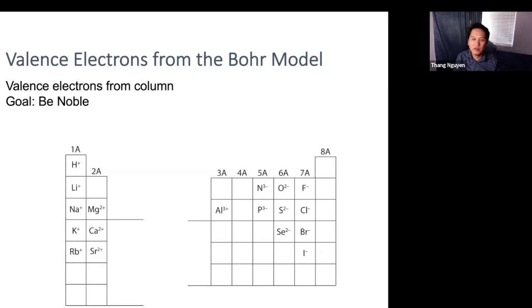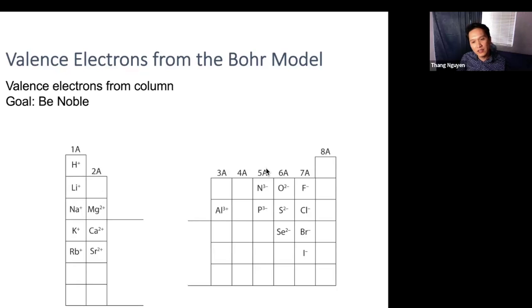All right, and then again, we also mentioned before that everyone wants to be like the noble gas, right? Everyone wants to have the same electron configuration as the noble gases. So for example, if we take sodium here, how many valence electrons does it have? One valence electron, right? So if it gets rid of that one valence electron, what's the level below that? 8, right? So then it can look like a noble gas if it gives away one valence electron.